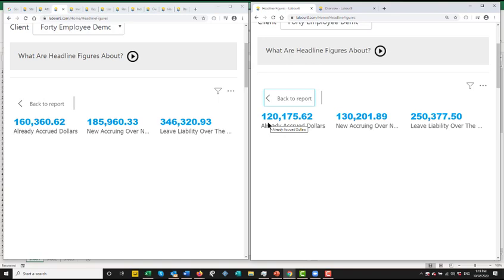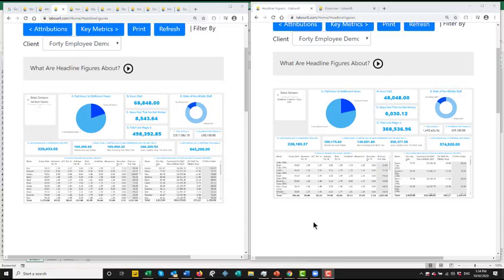Immediately that tells me that there is a $40,000 difference, which means early entitlement payout is going to be about $40,000. The new accruing leave here is $130,000, down $55,000 from the $185,000, and that means over the following year that I've lowered my overall liability for accrued leave down to $250,000 from $346,000.